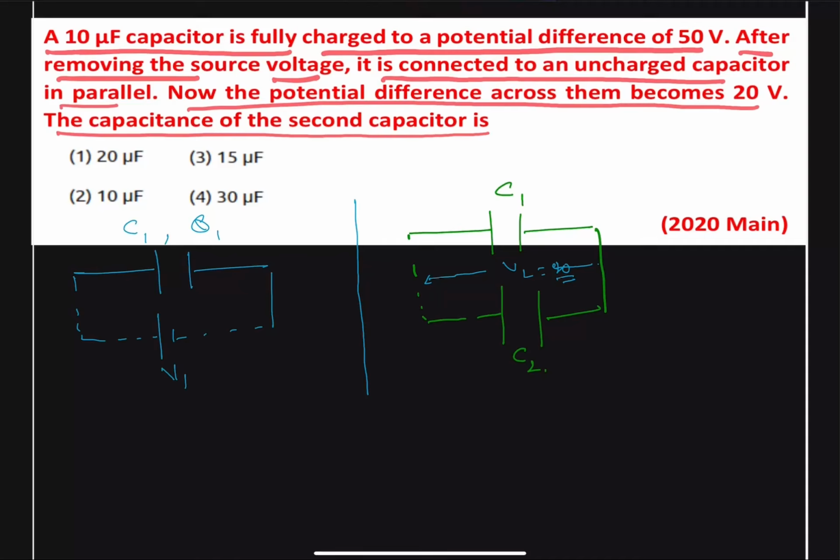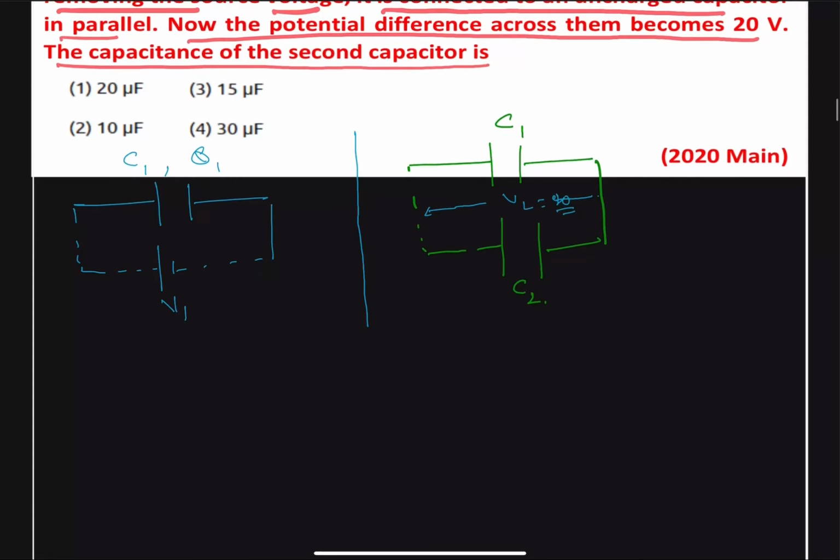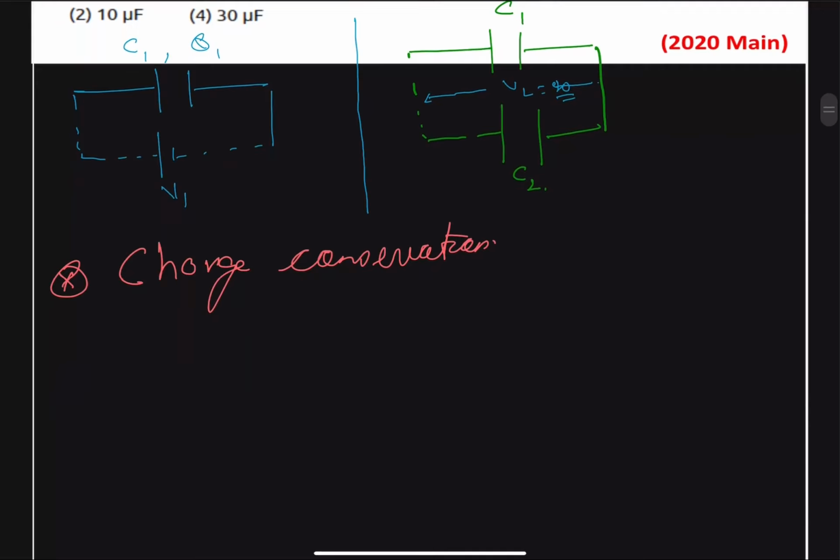In this case we have to keep in mind that the charge will be conserved. So we start from there. We say charge conservation, which means that the total initial charge will be equal to the final total charge.